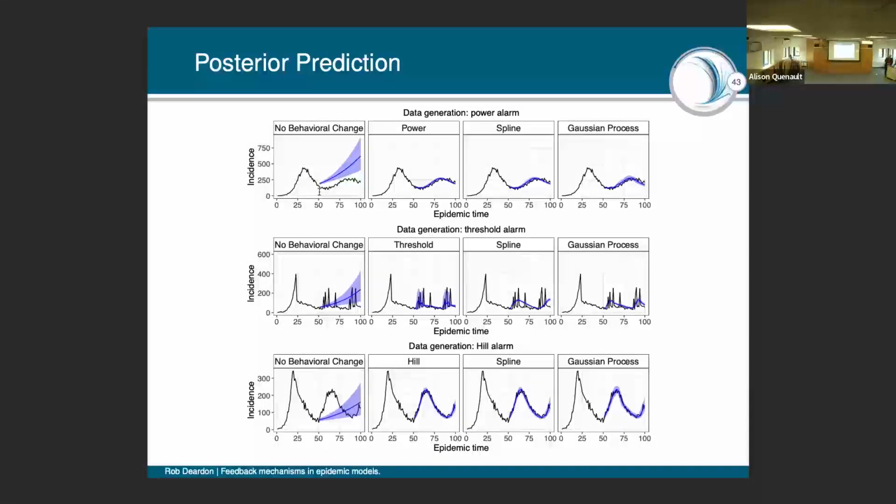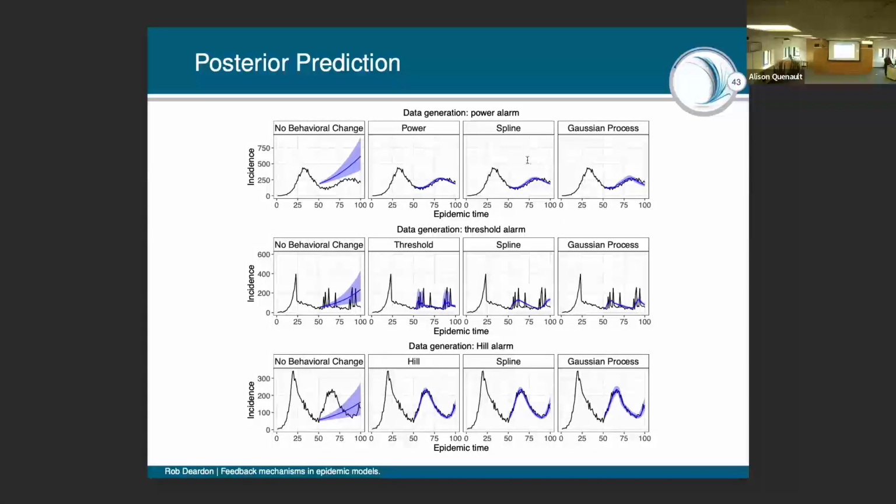So you can see with the first one where we just have the basic SIR model, so there's no alarm function, no behavioural change. The SIR model, anthropomorphizing slightly here, doesn't understand why there's an inflection there. Its best guess is sort of taking the least squares route, and it ends up projecting something completely unrealistic. Okay.